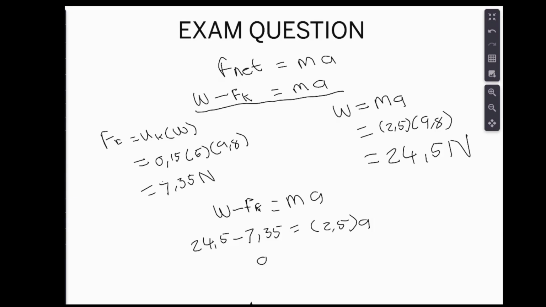And then for the acceleration, 24.5 minus 7.35 equals 17.15. That 17.15 is divided by 2.5 kg of mass. You'll find that the block is accelerating at 6.86 meters per second squared.